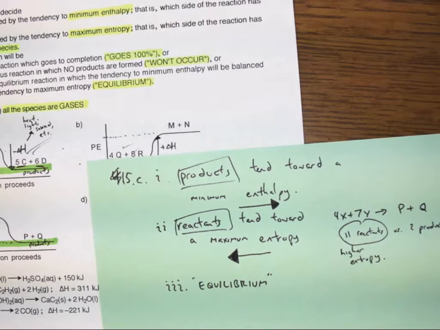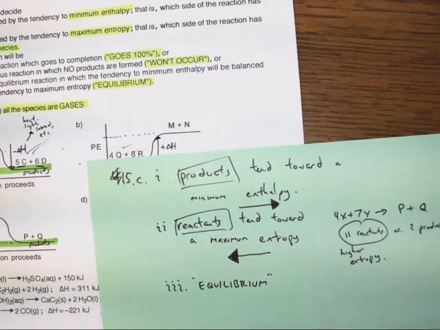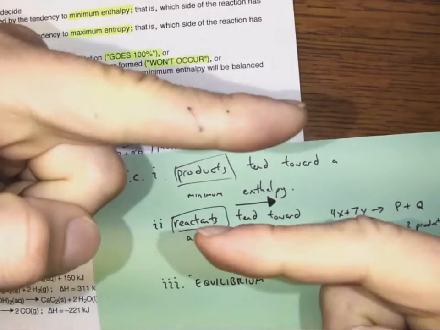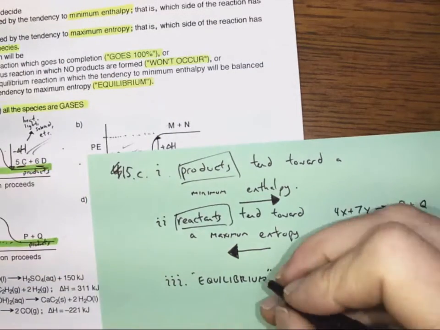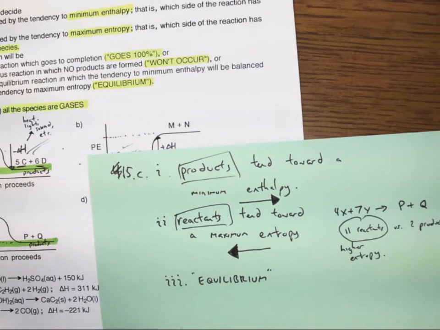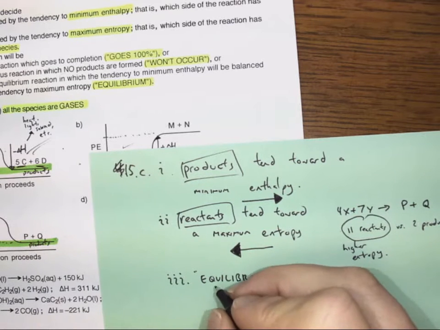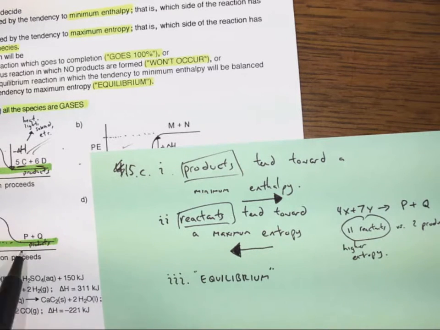And it remains in equilibrium because these two forces are both pushing in opposite directions. And so as a result, we don't end up all the way into the product side, and we don't remain on the reactant side. It's somewhere in between. And not 50-50 necessarily, but that really depends on the nature of what these X's and Y's and P's and Q's really are.